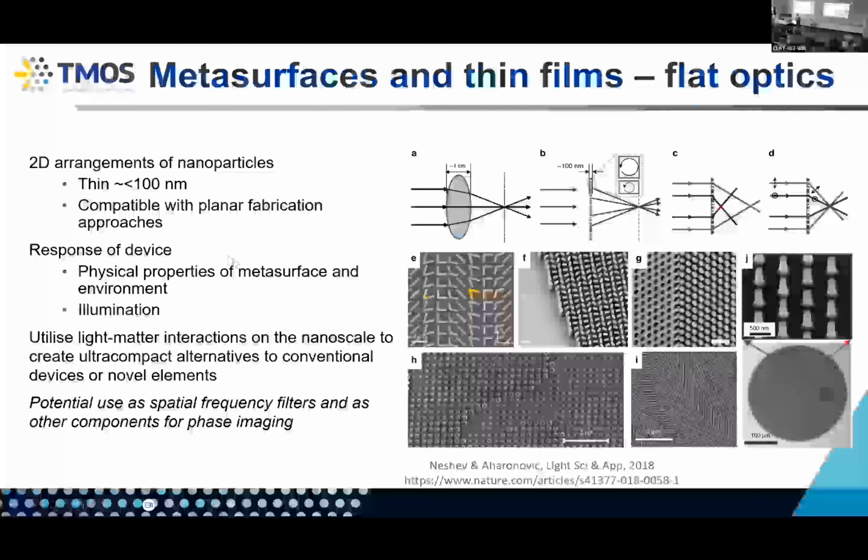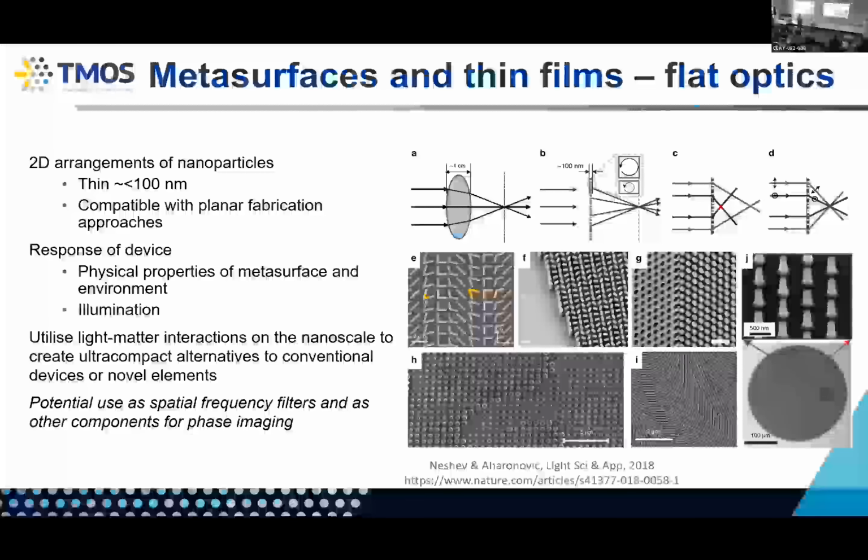components of these structures. Now, the way a metasurface behaves when it interacts with light depends on the physical properties of the metasurface. So, what are the geometries of the individual elements? How are they arranged? And the properties are also going to depend on the environment. So what kind of materials is it composed of?